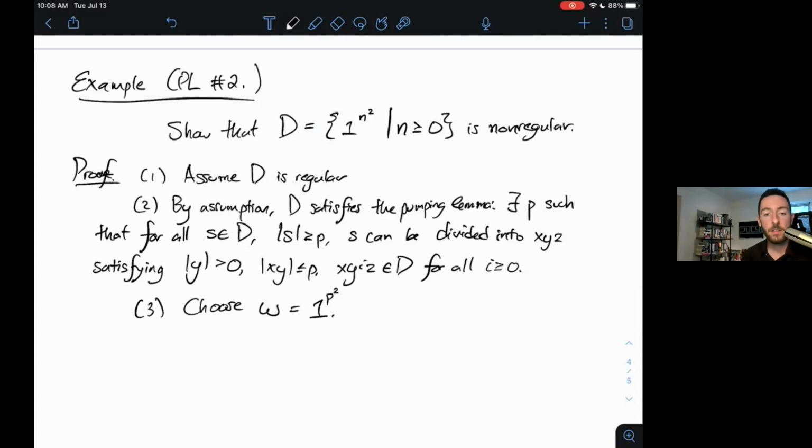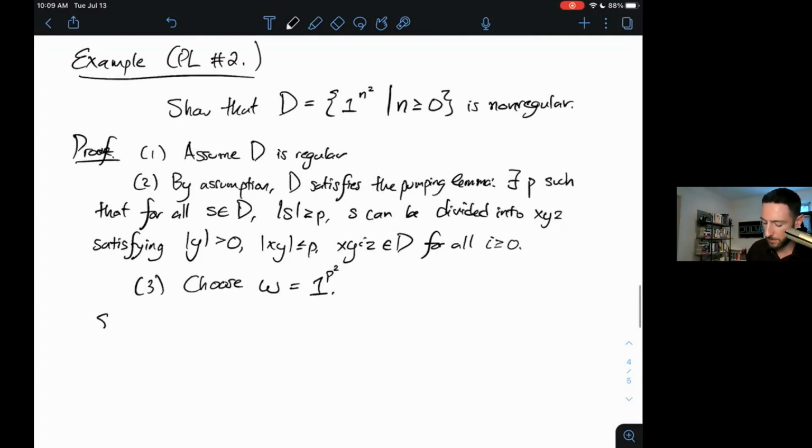And intuitively, this should make some sense because most numbers are not square numbers. So when we pump this string, we'll get a lot of strings of different length, and most of those lengths should not be square numbers. So most of those strings should not be in the language.